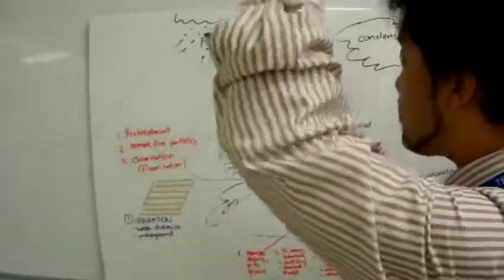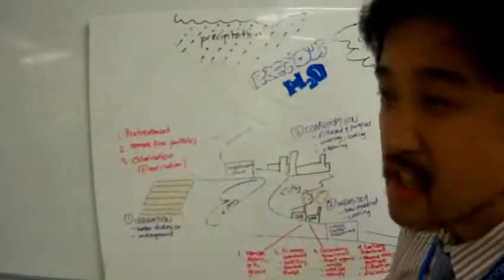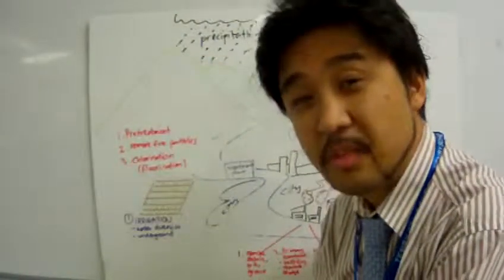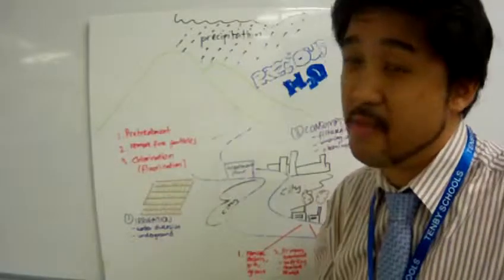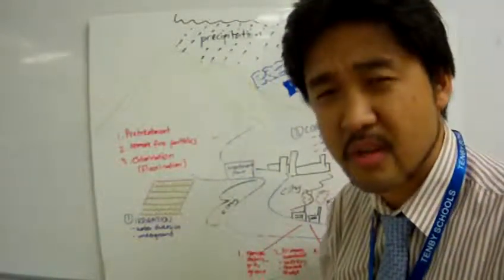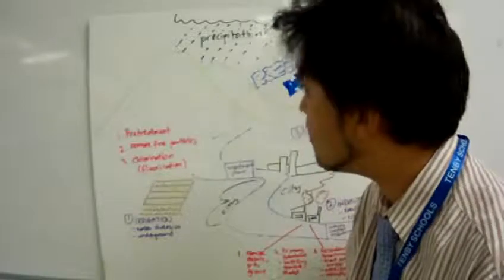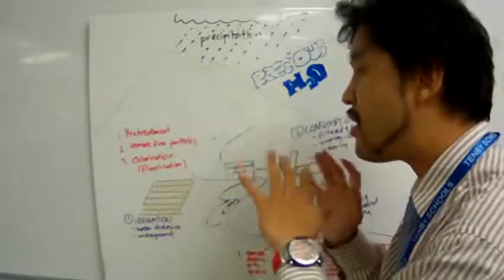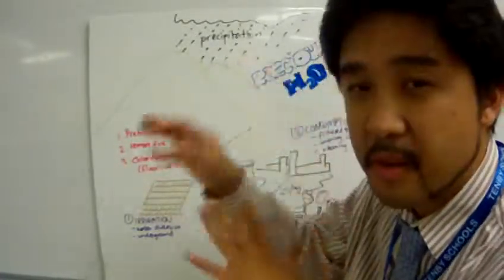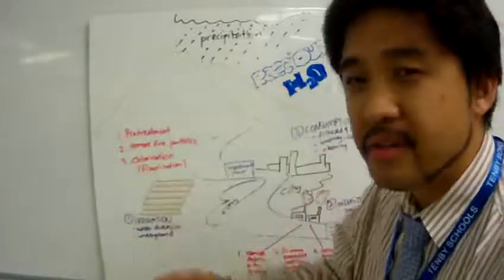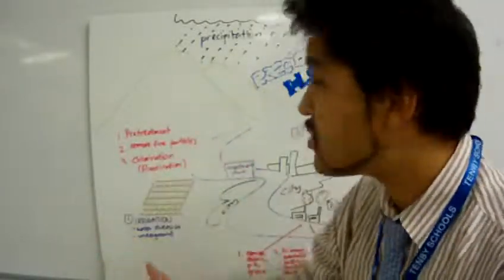Now, most precipitation will fall back into the ocean, because 70% of the Earth's surface is covered by the ocean. But there will be other areas where we'll experience precipitation: in mountains, in jungles, in the forest.